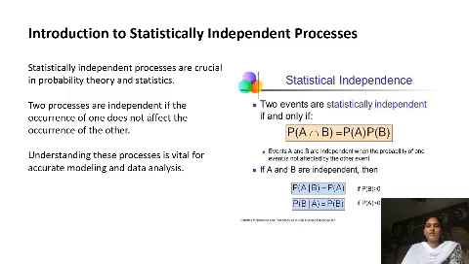Understanding these processes is vital for accurate modeling and data analysis. Statistical independence: two events A and B are statistically independent if and only if the probability of one event is not affected by the other event.